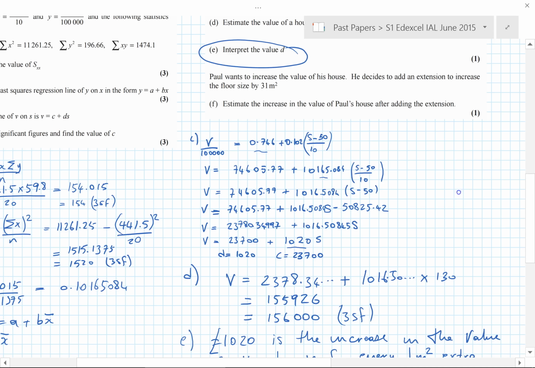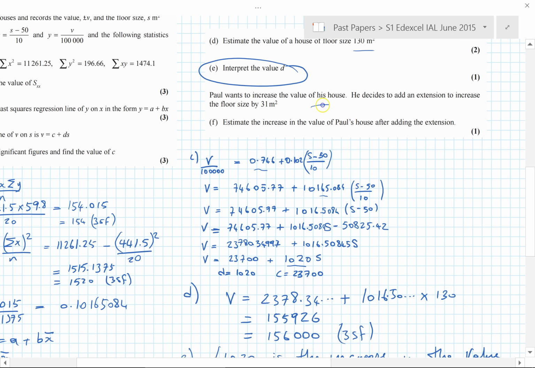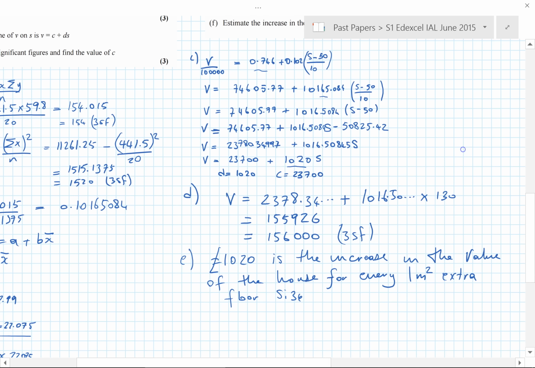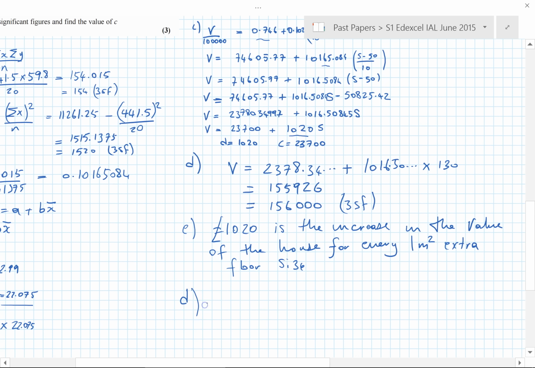Then it says, Paul wants to increase the value of his house. He decides to add an extension to increase the floor size by 31 meters squared. Estimate the increase in value of Paul's house after the additional extension. Right, so for the increase in value, remember, we don't have to use the whole equation, we're just using this 1020 now.